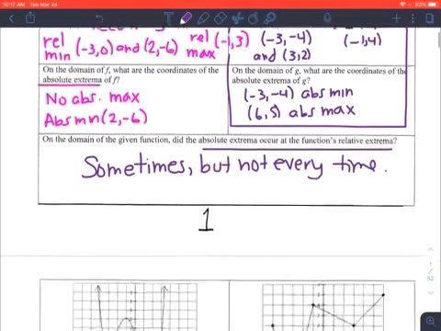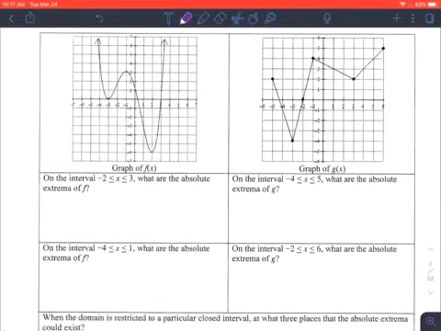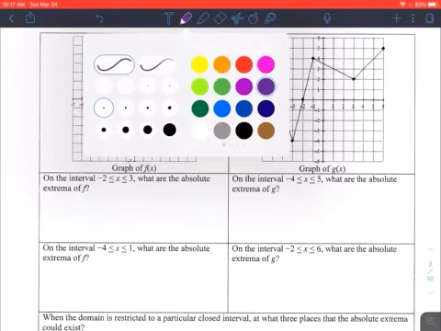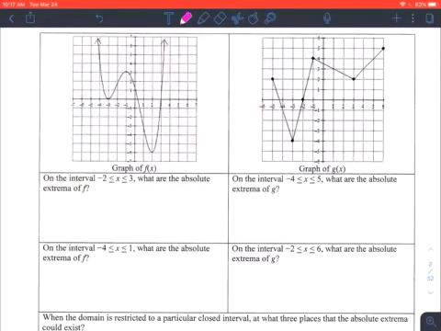Okay, so the next page. Now we are restricting our interval. So instead of looking at the graph in its entirety, we're just going to be looking at a portion of it. So this first one, we're going to look between -2 and +3. And so we want to know what are the absolute extrema in this interval. So my absolute highest point is going to be at -1, 3.